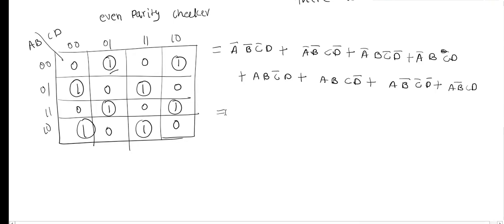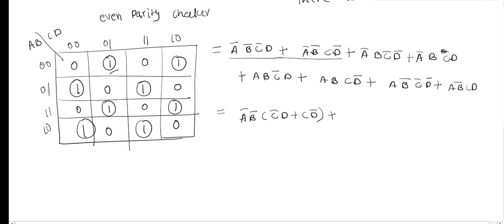Now to minimize the expression, we'll identify the common values. To identify the common terms, from the first two terms I can take A bar B bar as common, and the terms will be C bar D plus C D bar.